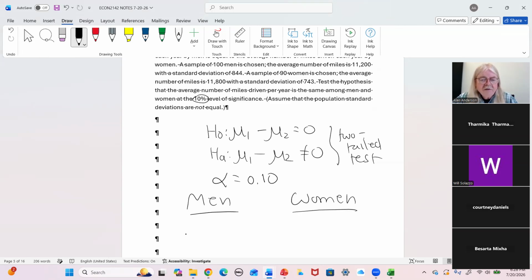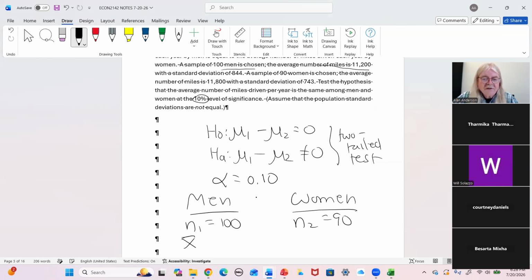For the men, we have 100 in the sample. The average number of miles is 11,800. Oh, wait a minute, sorry, I jumped ahead a little bit. The men are 100 in the sample size.